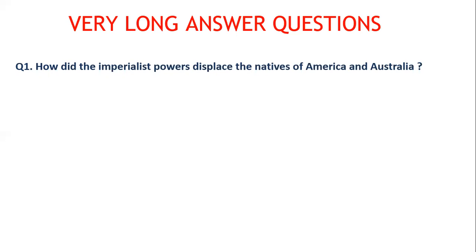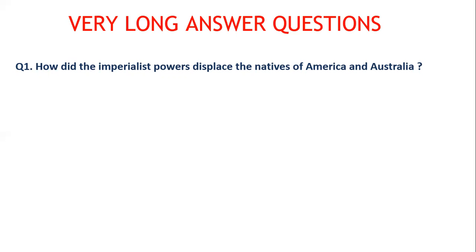Second, they made the native people prisoners of war and then made them work as slaves. They were compelled to lay railway track lines, and to work hard in the fields and factories as slave workers. They were given only as much food as needed to survive. That was the second tactic.